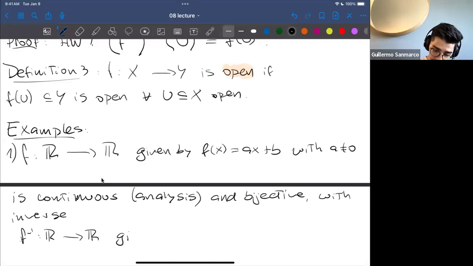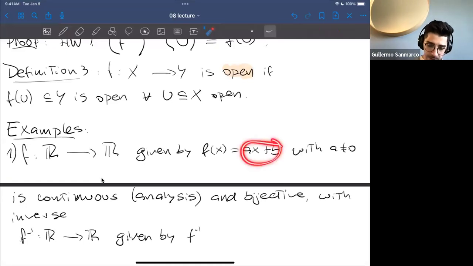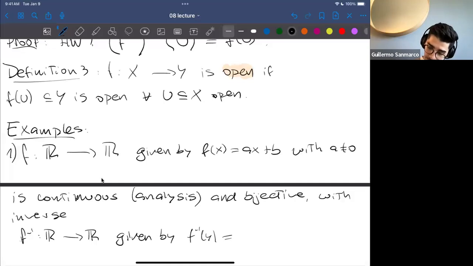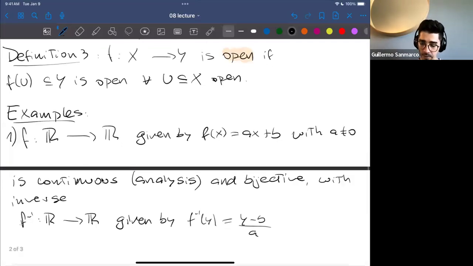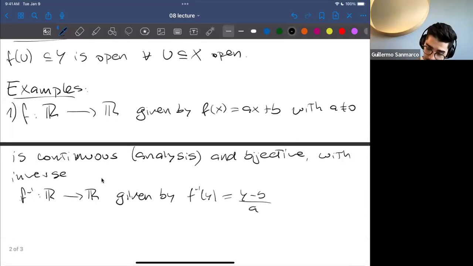It's given by, well, if you're here, if that's going to be y, then f inverse should be (y minus b) over a. So that's why you need your a to be non-zero. Of course, this is also continuous.